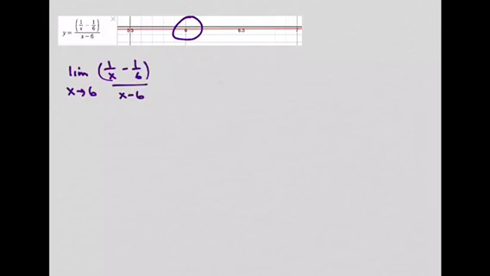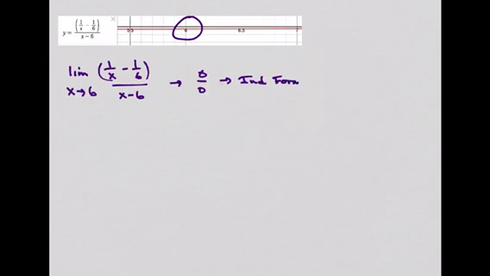Okay, the last problem I want to look for in this section is the limit as x approaches 6 of the quantity 1 over x minus 1/6, all divided by x minus 6. And if you go ahead and you put in the 6 and evaluate that expression, you would get 0 over 0, which at this point you should know is indeterminate form.